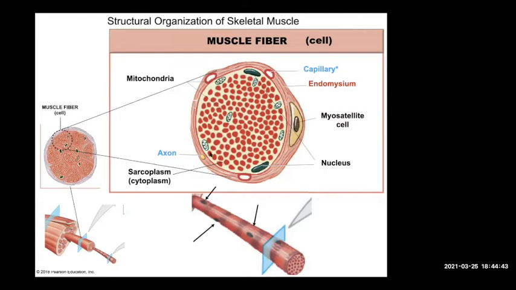There is also within the sarcoplasm, all the red things in here. And this is where we're going to be getting to the center of our talk here, these myofibrils. Right, so you had a tube, the fascicles within it. Those fascicles were filled with the muscle cells, another tube.